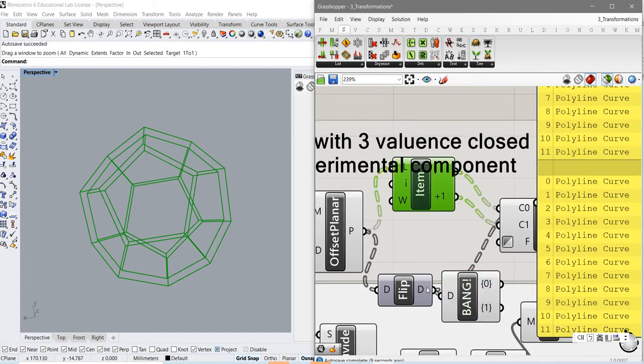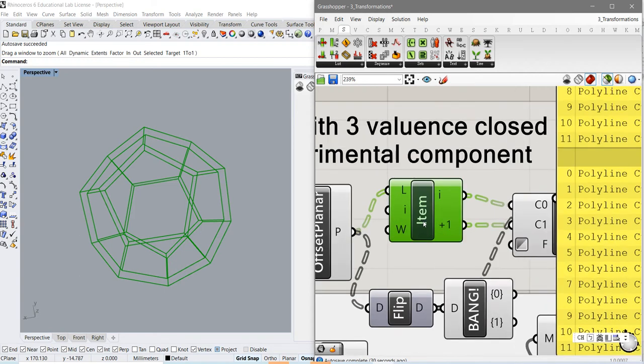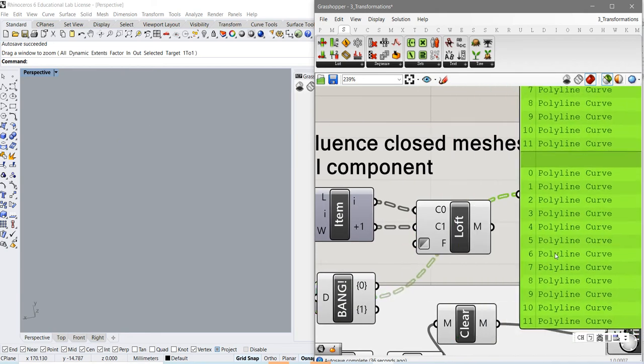This one is equivalent to this. But this is very compact because it uses only one component to do the same thing. Usually I do it this way, which takes 2 components. So this is a kind of smart way of using this. Although you may think this is a strange way, it works like this.